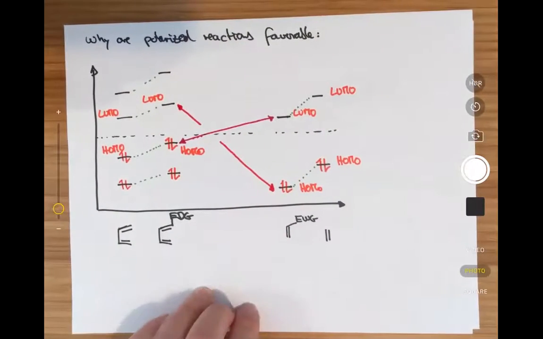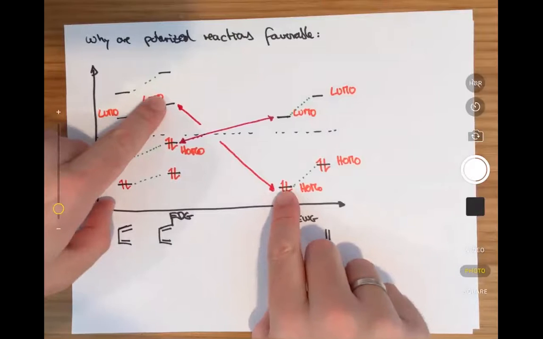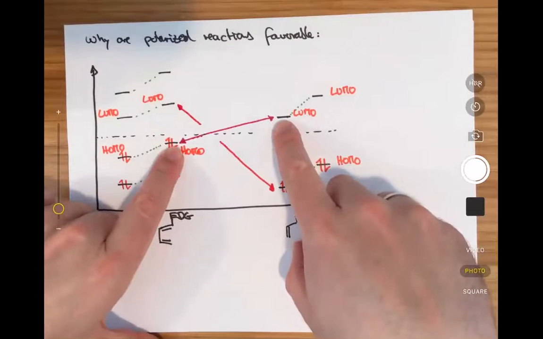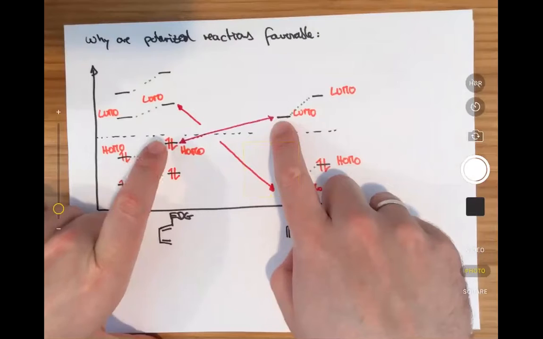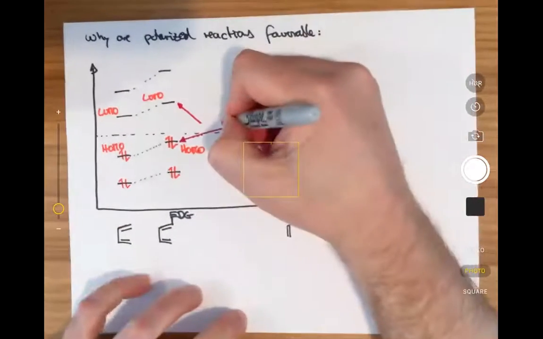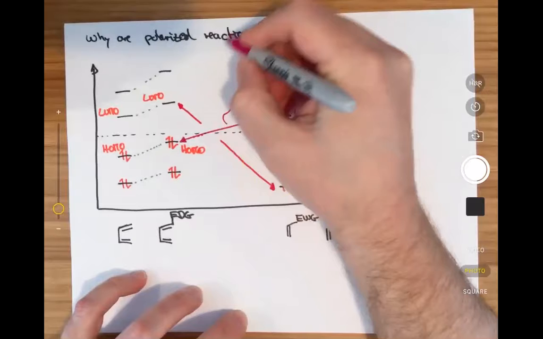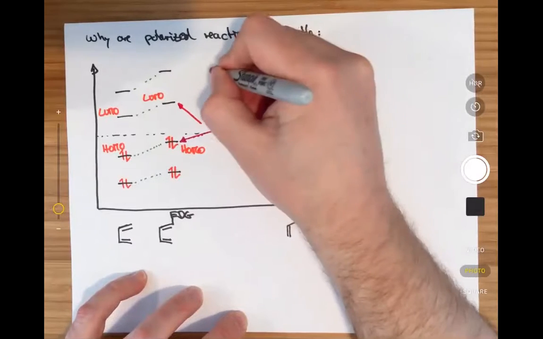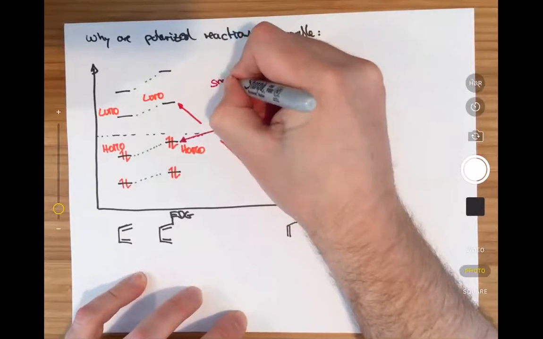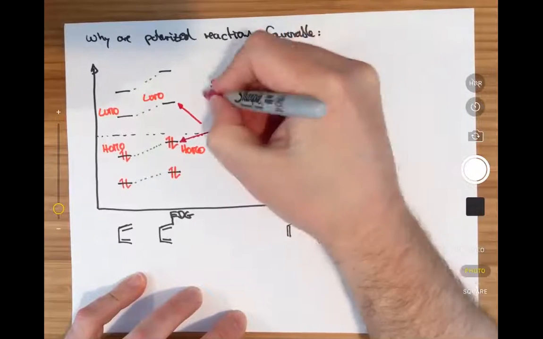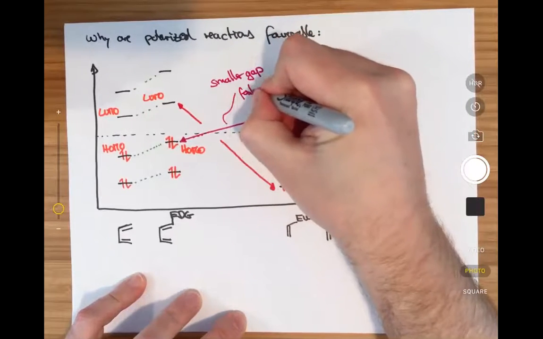So it's much less likely that you're going to get this combination, and most of the interaction will essentially come from this interaction between the HOMO of the diene and the LUMO of the dienophile. And we can write something like smaller gap, faster reaction.